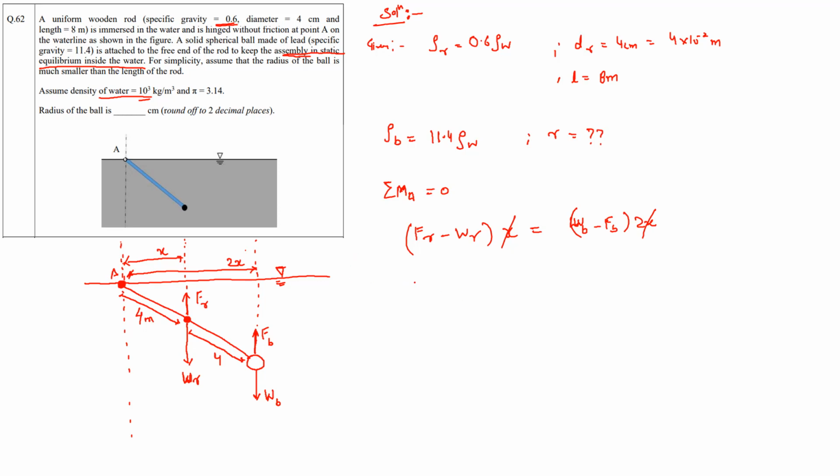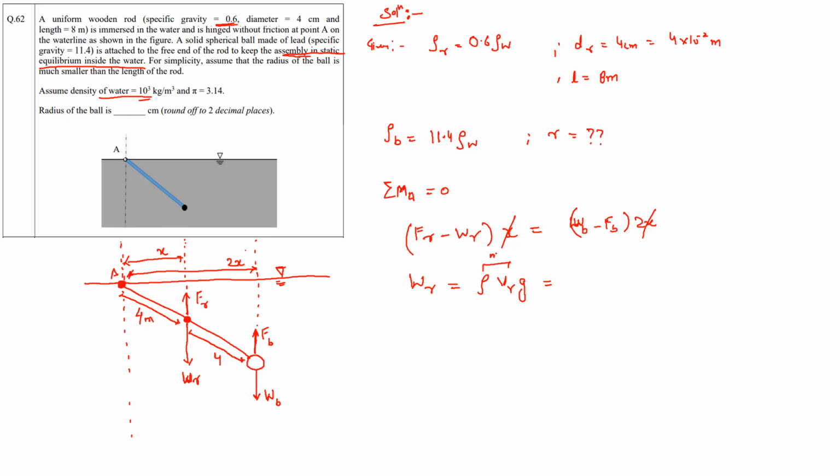So let's try to see. Calculating weights is always easy. Let's calculate the weight of the rod. This will simply be the density of the rod times the volume of the rod times g. So this is just volume times density times gravity, or mg.